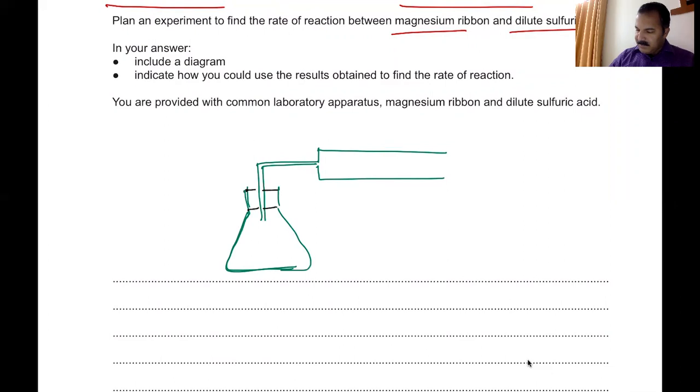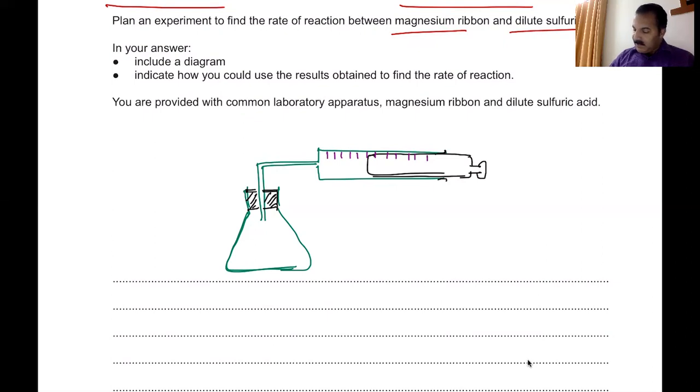It should be airtight. Neatness is not a major thing, but if you can draw a neat diagram, it'll be really good. This is your gas syringe, the piston moving backward. When you draw a syringe, make sure you show the graduations without fail.